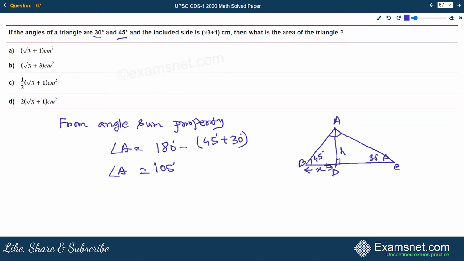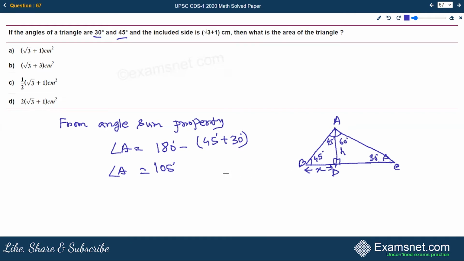Now we have drawn a perpendicular AD. That means this is 90°. So it will become 45°, and this will be 60°.